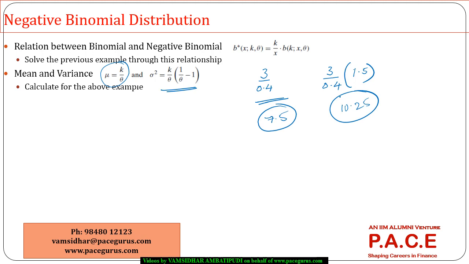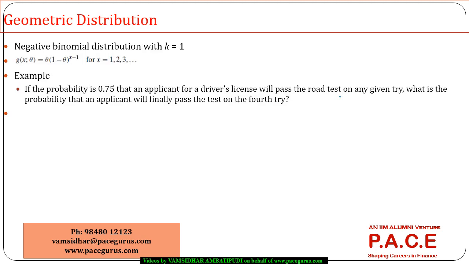Now, as I have already mentioned, the geometric distribution is a special case of the negative binomial distribution where you take k equal to 1, because I am interested not in the kth success but only in the first success. So whatever we have taken in the case of negative binomial, x minus 1 C k minus 1, theta to the power k, 1 minus theta to the power x minus k, substitute k equal to 1.